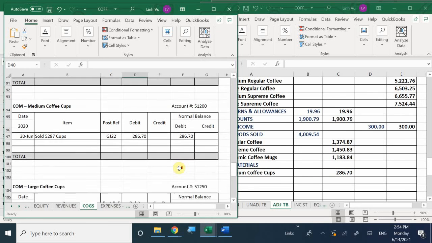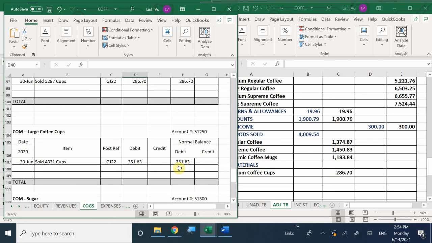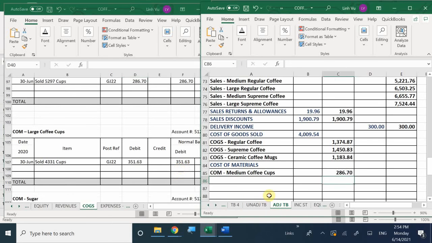Okay. Next one we have here is going to be cost of materials, large coffee cups, 351.63.